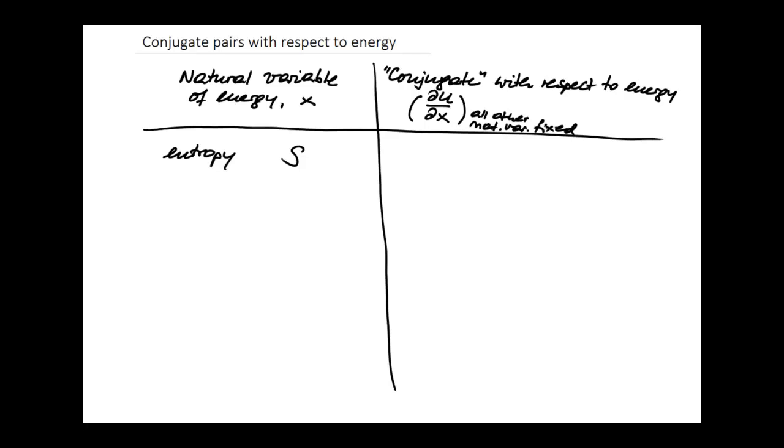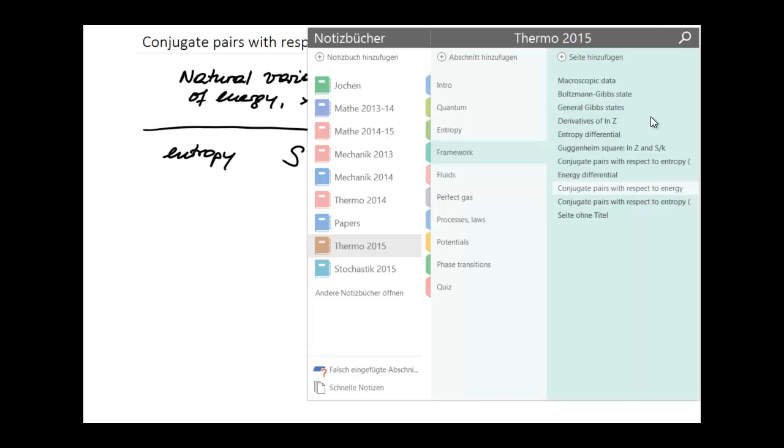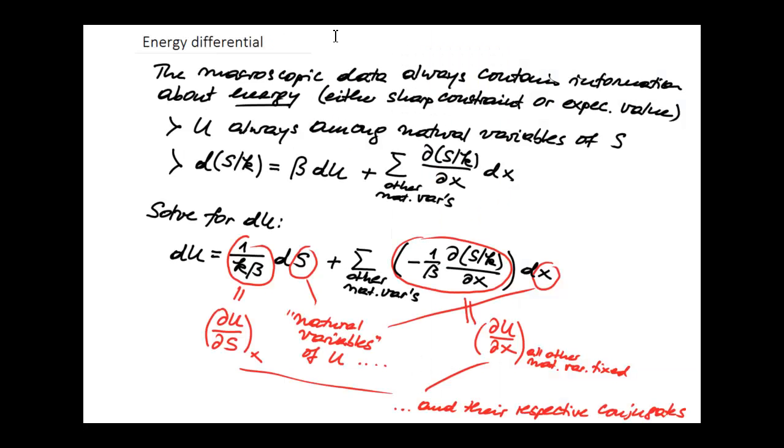What is the conjugate of entropy with respect to energy? To find that out, go back to the previous page, look at the entropy differential. We have du is equal to some coefficient times ds. What's in front of the ds? That's the conjugate of entropy. Yeah, that's the partial du over ds.